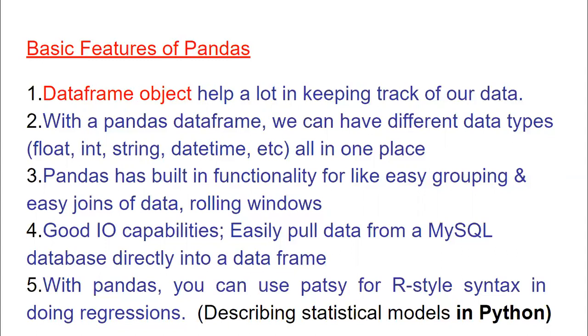Then Pandas has built-in functionality for easy grouping, easy joins of data and rolling windows. For example, if you want to find the average, the mean or median, you do not need to calculate it yourself. Suppose you want to find the mean, then you have to add everything, the total sum of all the observations divided by the total number of observations.